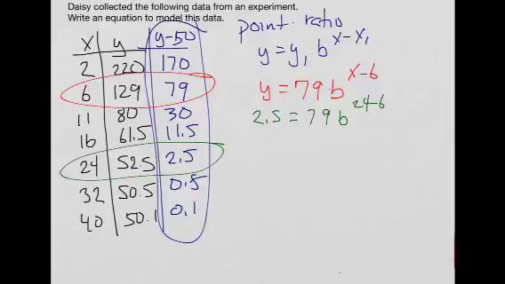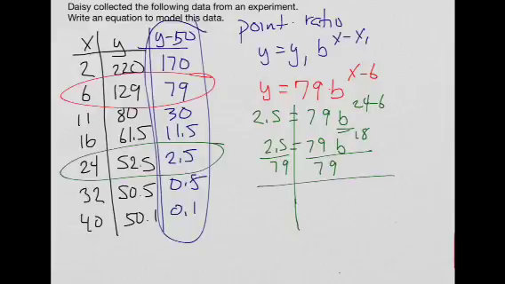And then I'm going to go ahead and solve that equation for b, because I know everything except b. 2.5 equals 79 times b to the 18th. I'll divide by 79. Since I know I'm going to have to plug this into my calculator eventually for my root, I'm not going to bother to do it every step along the way. So I'm going to leave this as a fraction for now.